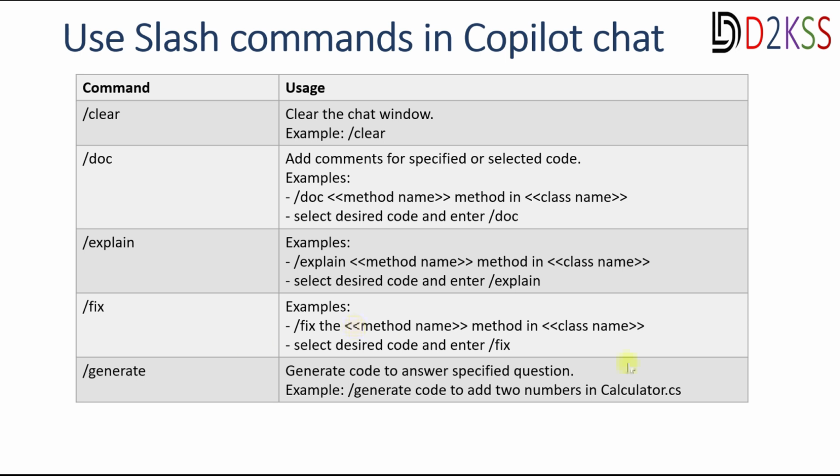So you can use this /fix command to get suggestions on how to fix that problem. To run it, you can write /fix and write the method in that particular class. Or the second way is, select the desired code in the code editor and enter /fix in the chat window.